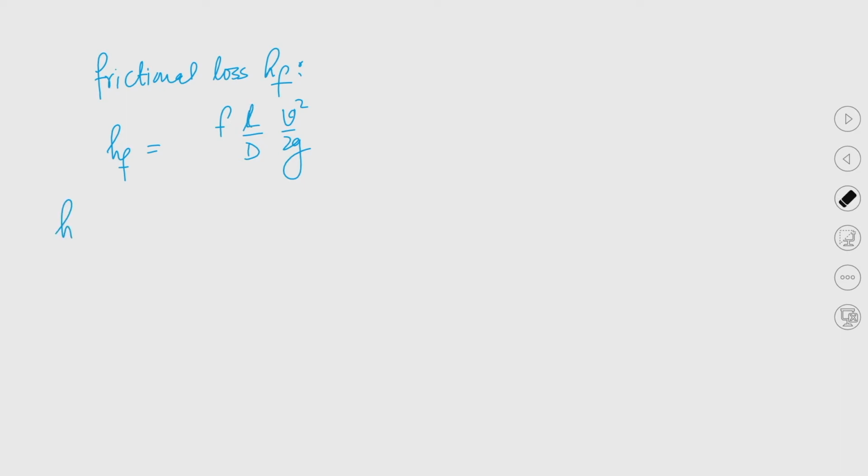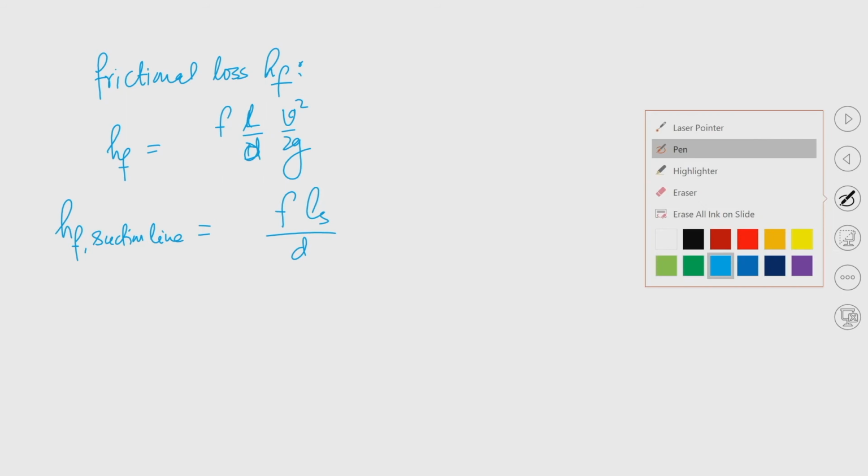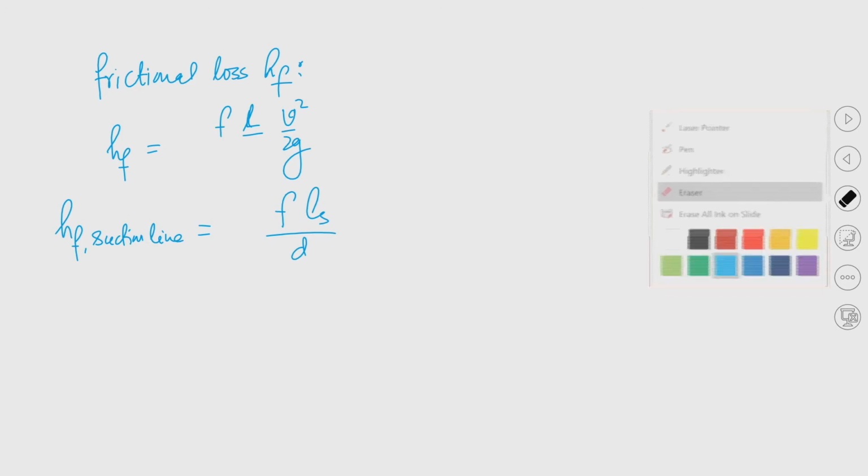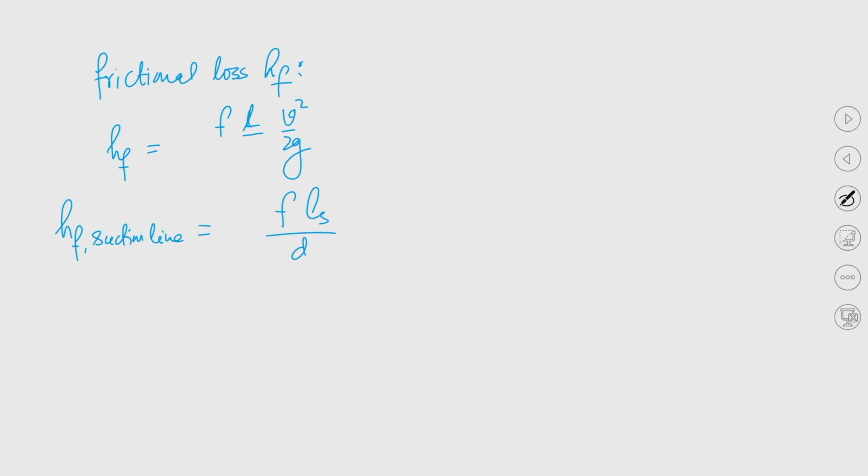So, HF in the suction line will be F Ls by d, where small d is the diameter of the relevant pipeline, then Vs square by 2g.